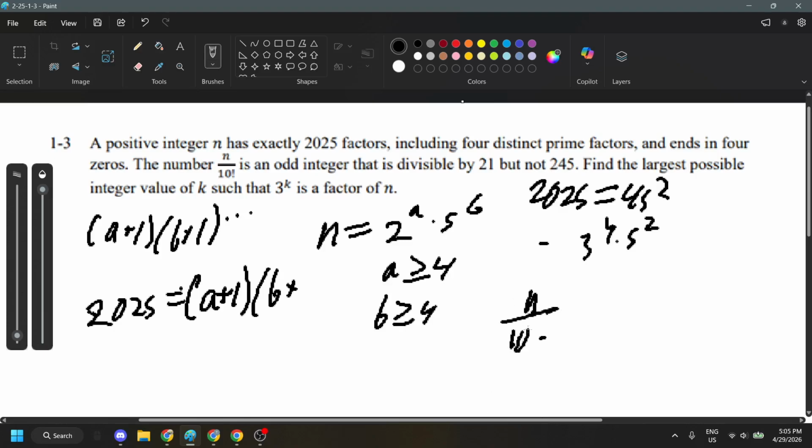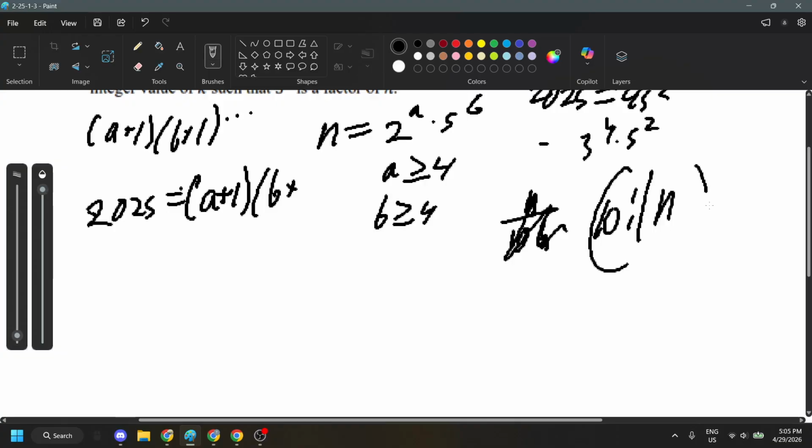N over 10 factorial is odd. So 10 factorial divides n and takes out all the factors of 2. And so that means that 2 does not divide this. So 10 factorial is 1 times 2 times 3 times 4 times 5 times 6 times 7 times 8 times 9 times 10.